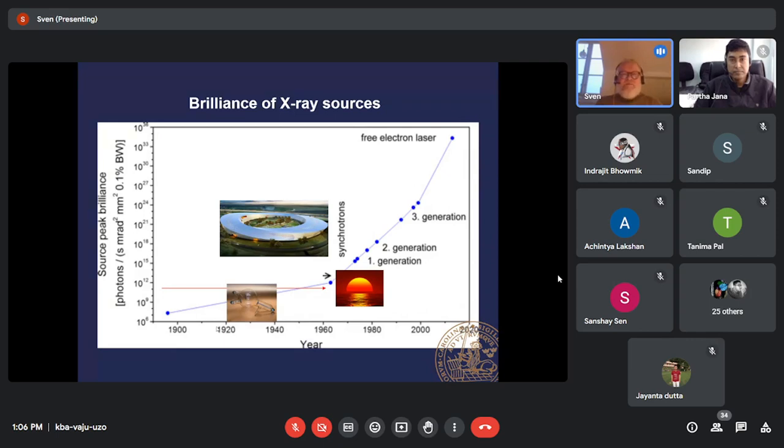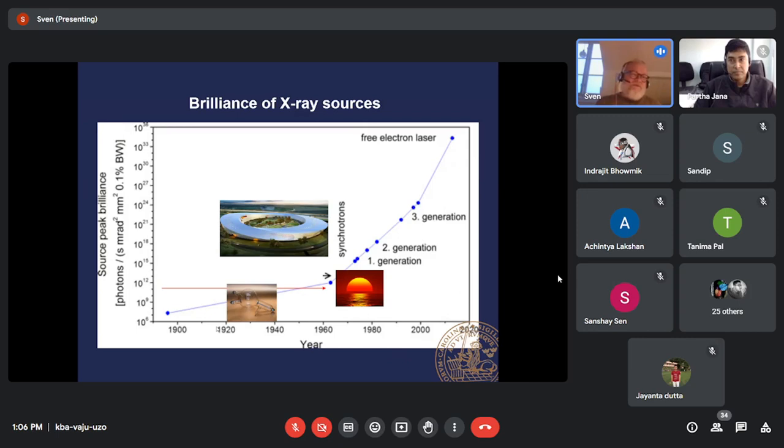One reason for the development of X-ray crystallography is the phenomenal growth of the power of X-ray sources. As you can see in this graph, at the beginning of the 20th century, the power was, well, looking at the scale to the left, this is a funny scale.